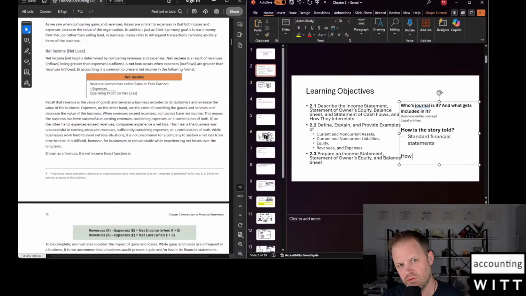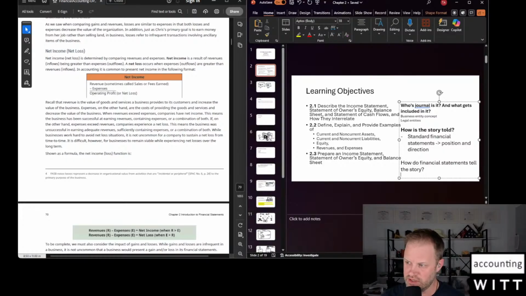How do financial statements tell the story? So the story is told using financial statements, which tell you position and direction.